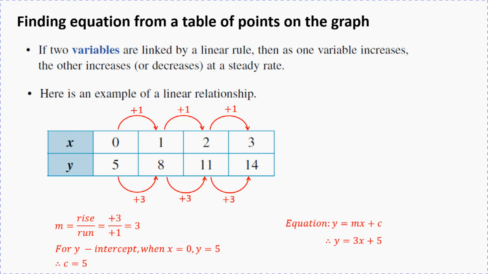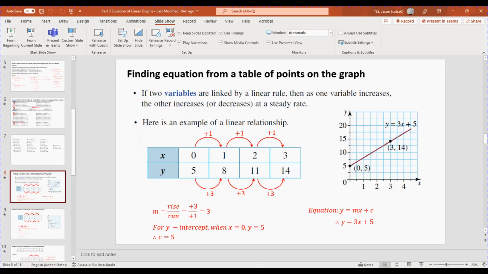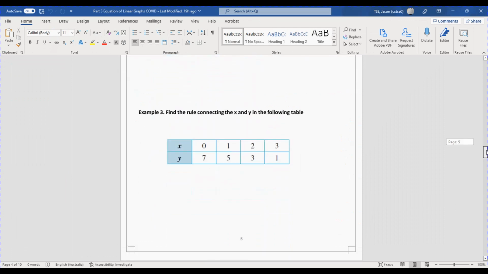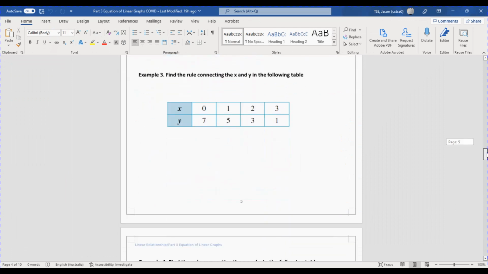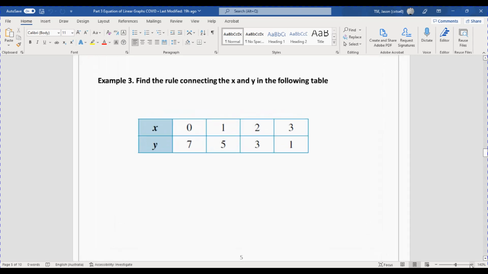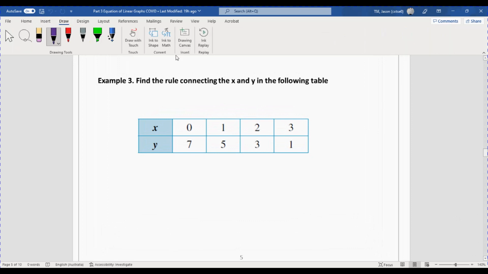Okay, so let's go back to our handouts. All right, so here is example 3. I'm going to work on this example to find the rule connecting x and y.